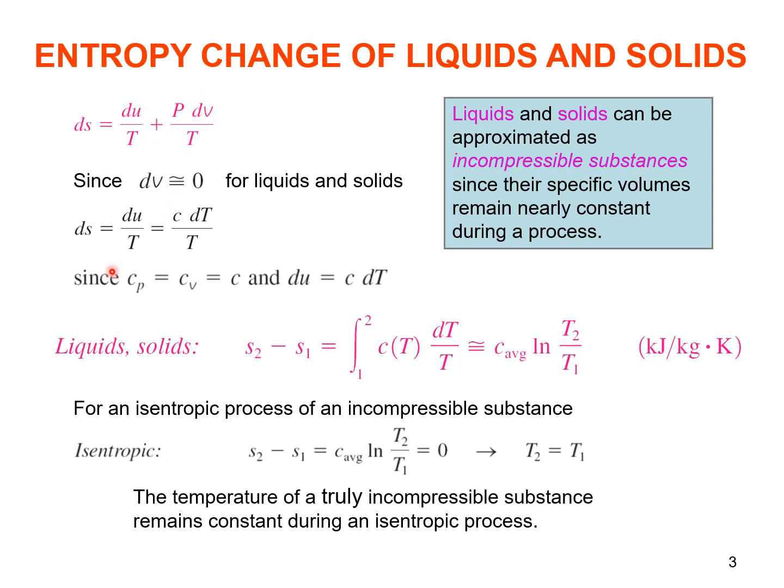So for liquids and solids, we have a relationship that ds equals du over T. du is the specific heat times dT. Since it's incompressible for liquids and solids, Cp and Cv are approximately equal. We'll call it C. So we can substitute back in that du is C times dT, then integrate between temperatures.